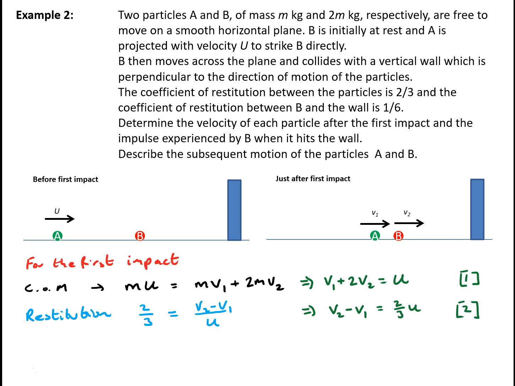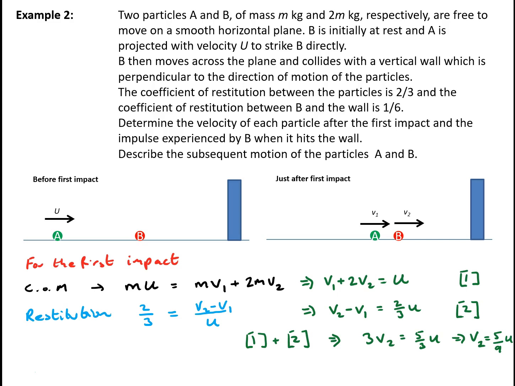Adding those two equations will eliminate v1, and that will give me 3v2 equals 5/3 u. In other words, v2 is 5/9 u.